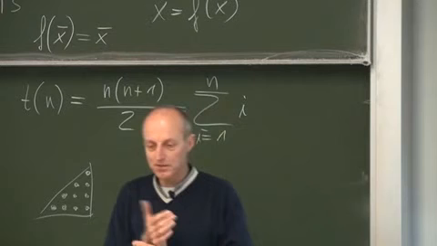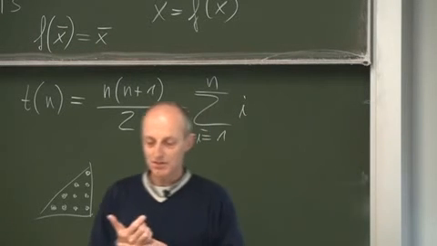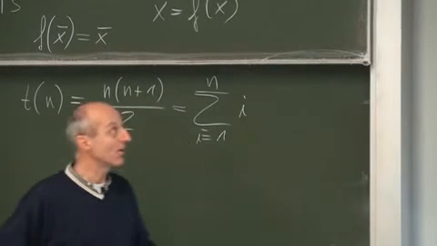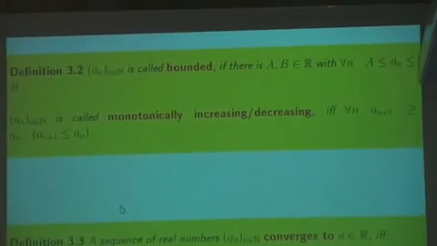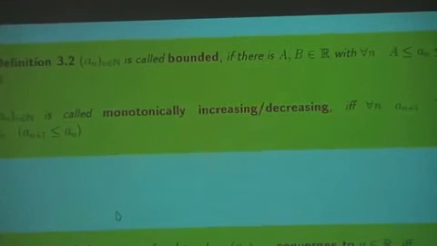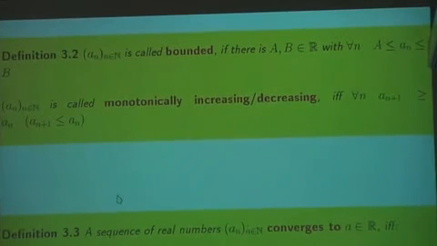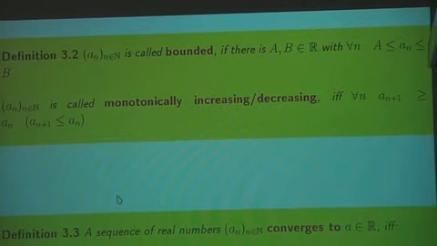Okay, that's fun, but that's what we do not need so often as engineers. Now let's continue with engineering mathematics. We call a sequence bounded if there are two bounds, capital A and capital B, such that all elements are between A and B. We call a sequence monotonically increasing if for all n, a_(n+1) is greater than or equal to a_n.